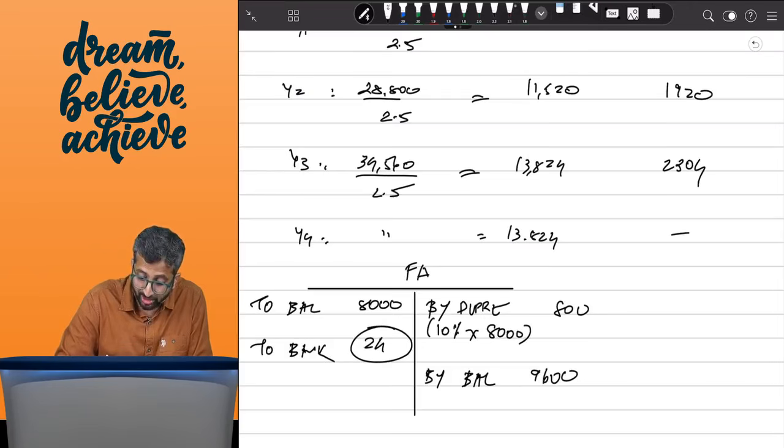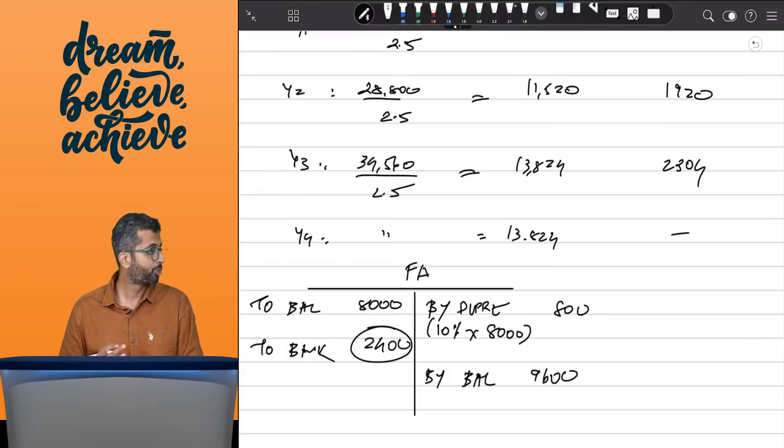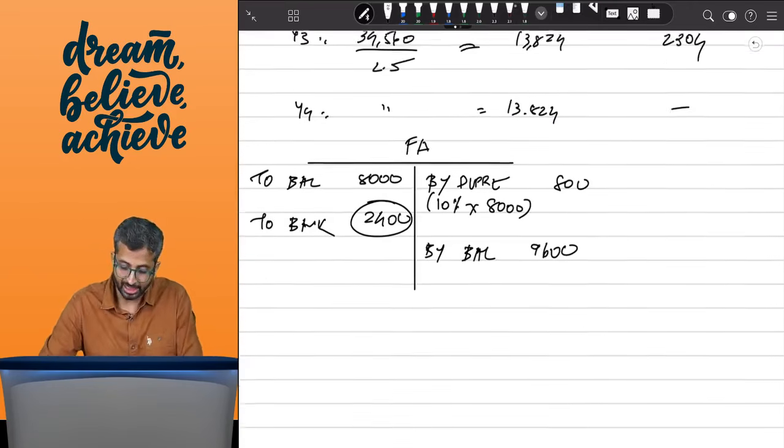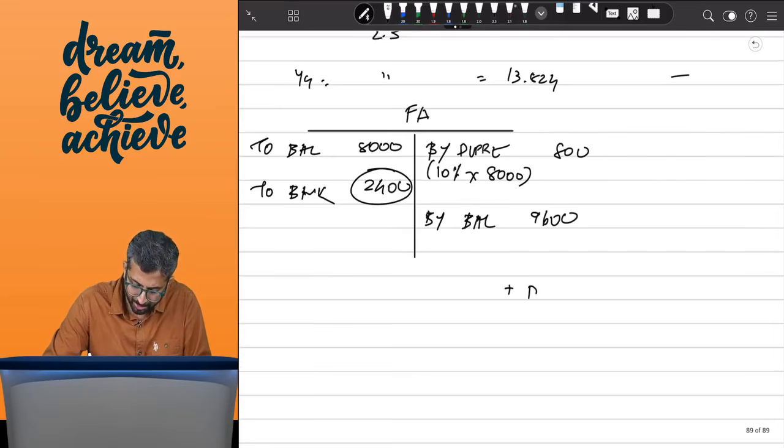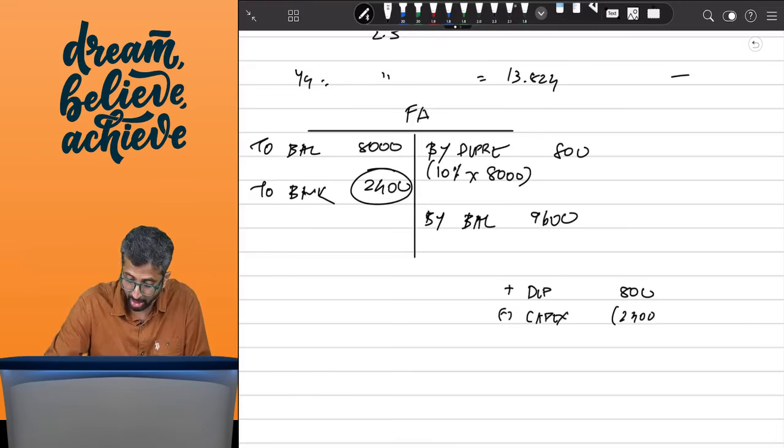This is 2,400. So ideally, how do I solve this? I either add back depreciation, which is worth 800 in the first year, and subtract capex, that is an actual increase in fixed assets of 2,400.